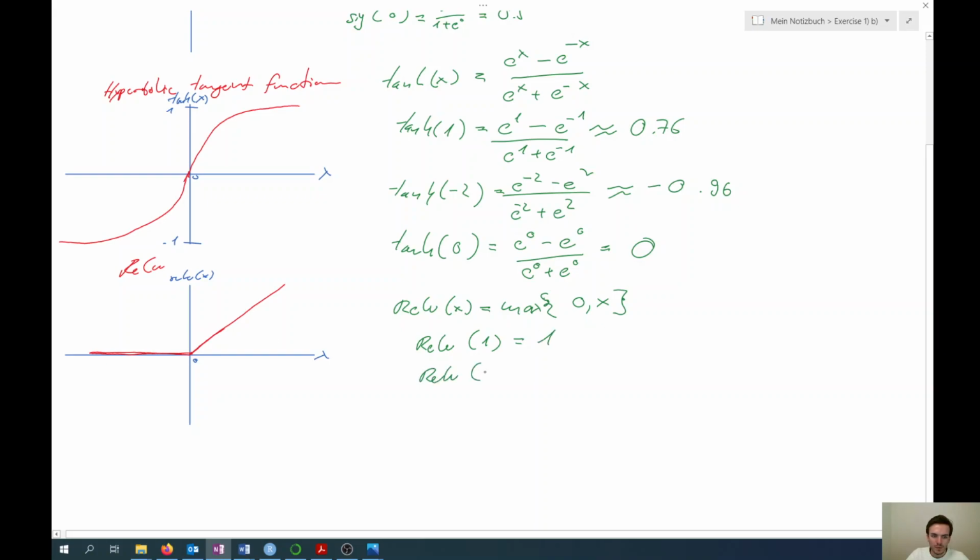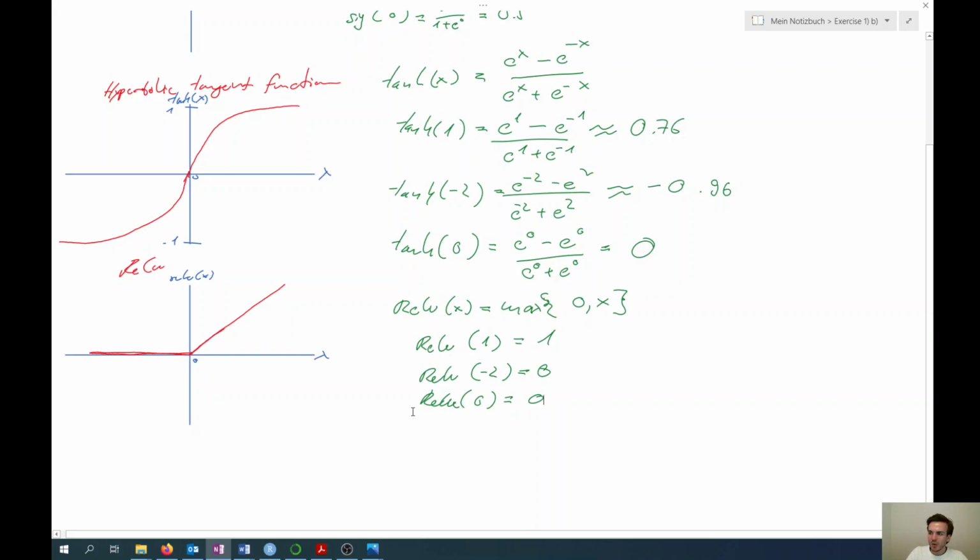ReLU of -2, that's negative, so whatever is negative will always be 0. And then ReLU of 0 is also 0, it wouldn't matter if it's x equals 0 or 0, it's still 0. And yeah, that would be the output for the rectifier here.